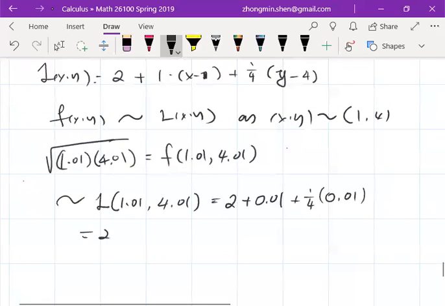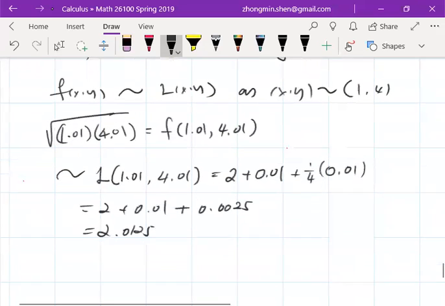I think this is going to be 2 plus 0.01 plus 0.0025, right? So this is a number that's a very good approximation to the square root of the product of those two numbers. Okay.